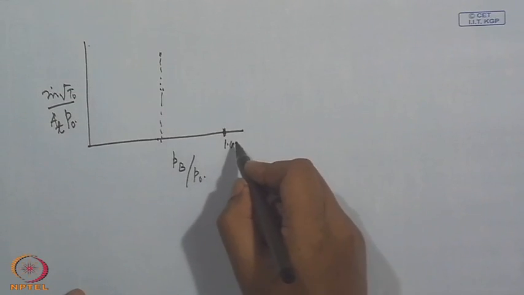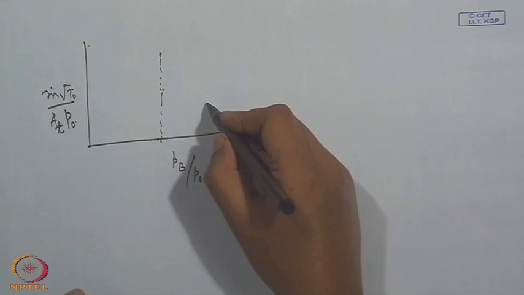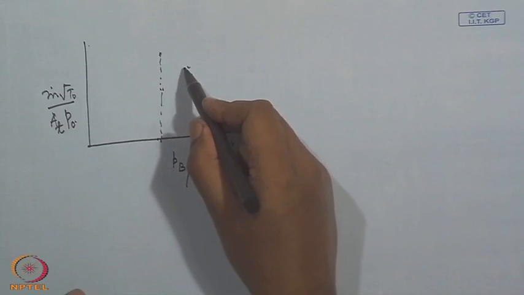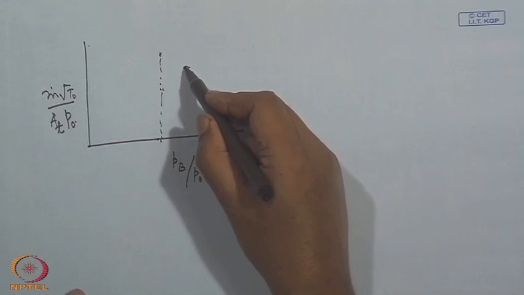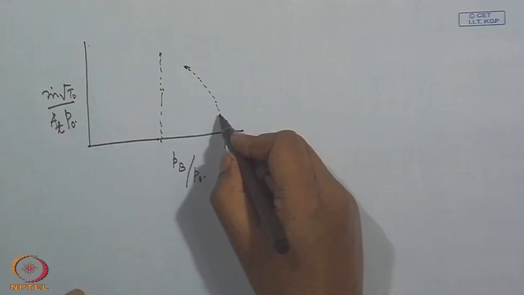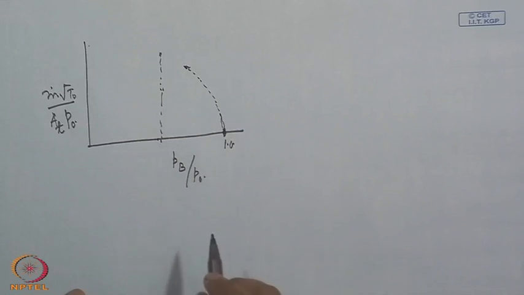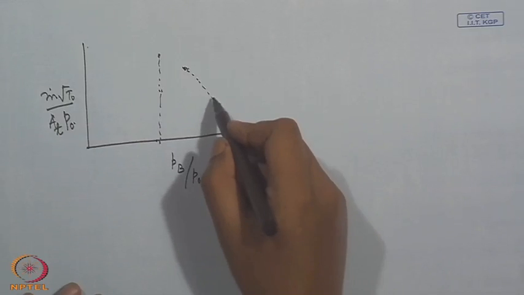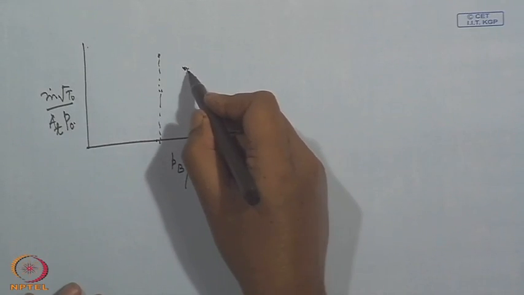Then as P b by P 0 falls, mass flow increases.